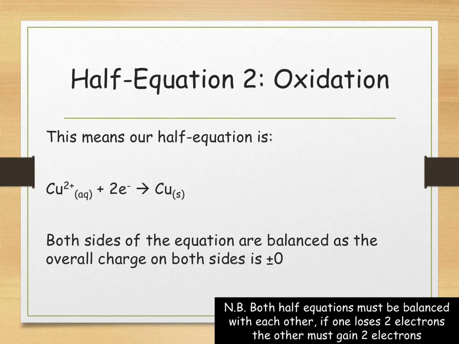This means that if one of your half equations were to lose 1 electron, whereas the other gains 2 electrons, then you would need to balance them so that both of them are transferring a total of 2 electrons. We will look at half equations more in the next video on electrolysis.